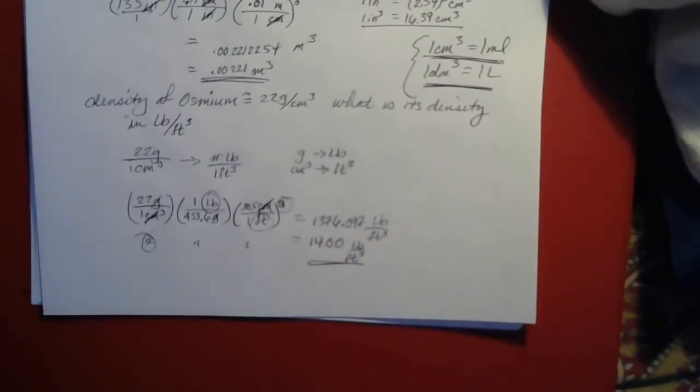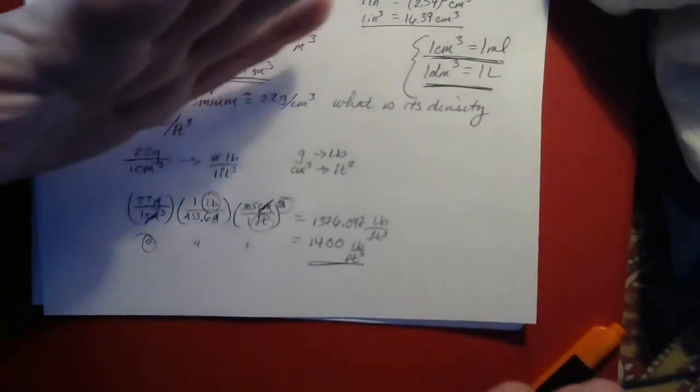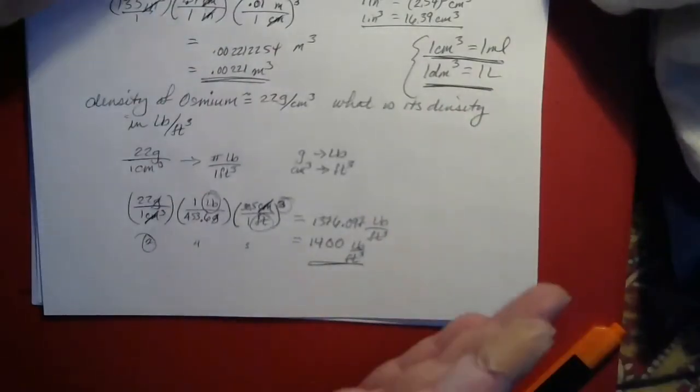If you think about that, 1,400 pounds, it's probably the weight of, say, an old school Volkswagen Beetle, you know, back in the 60s when the engine was in the back. They weighed probably about 1,400 pounds. That much mass is in a space of 1 cubic foot for osmium.